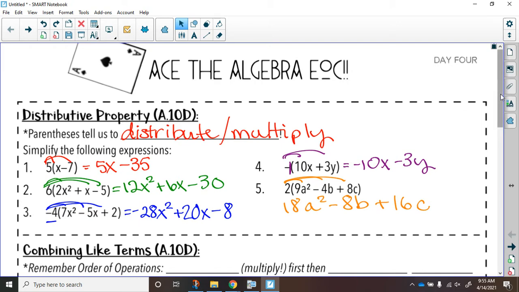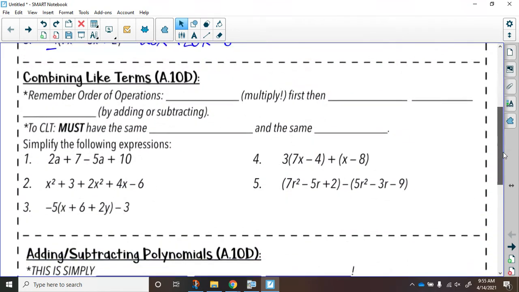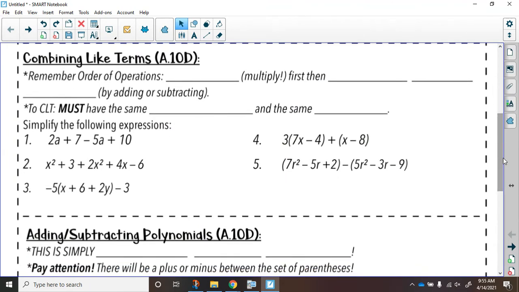So the next thing we are going to be looking at is combining like terms. We need to remember our order of operations here. We need to distribute first, which means we need to multiply, and then we are going to combine like terms.